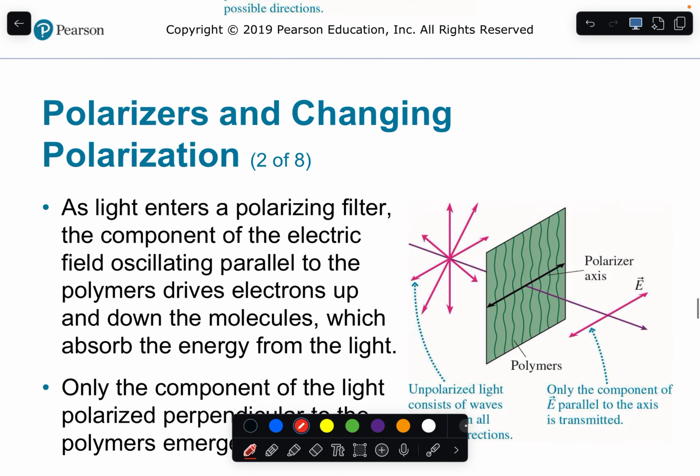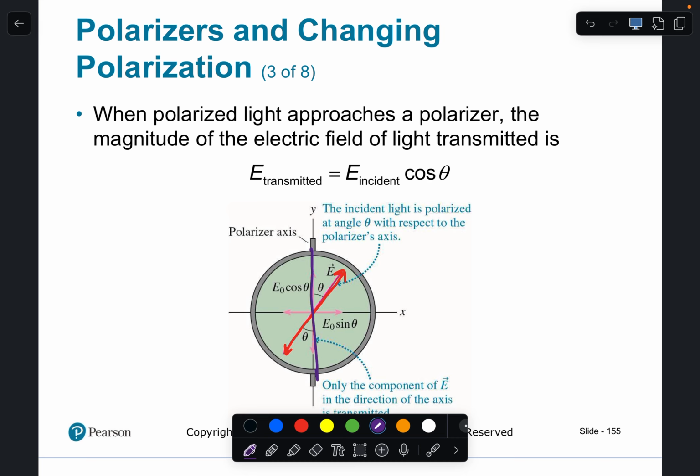So if we look at the electric field, it's a vector. If we want to know what component of the vector passes through, then we're going to use our vector tools. So let's say that we have an E field vector that points off the y-axis, and we're going to pass it through a polarizing filter. And the polarizing filter has its polarizing axis right here.